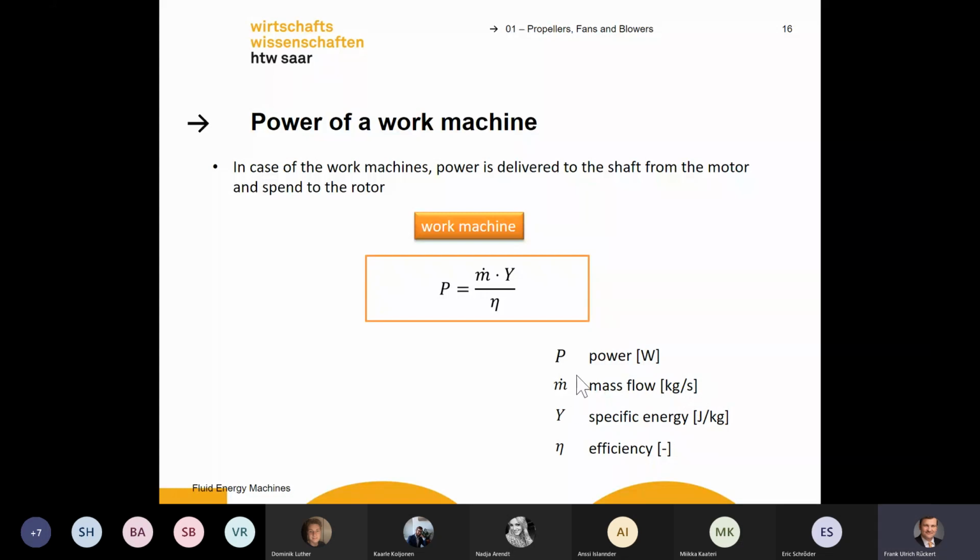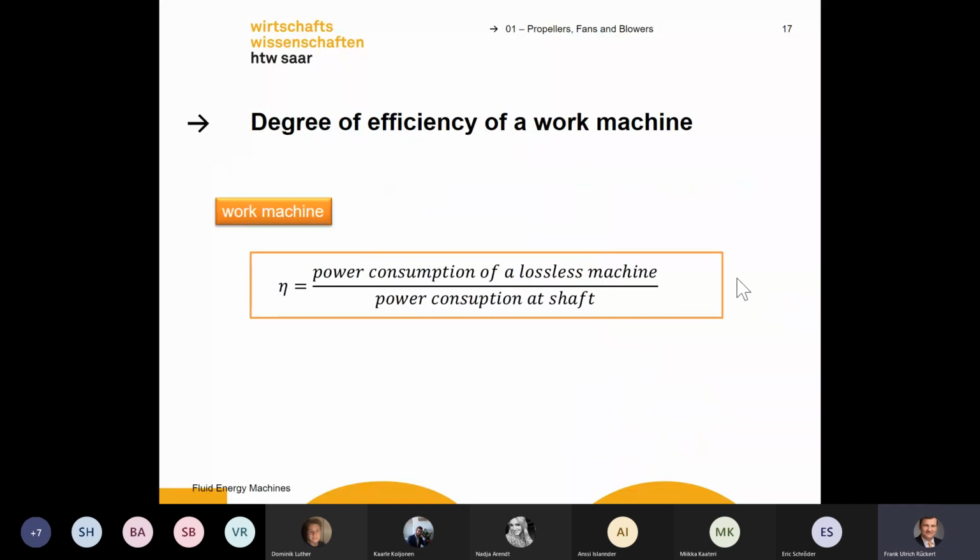If you have, for example, mass flow, you divide kilograms by time. It's a derivative of the mass. Or you can, for example, have volume flow. You mark it with a small dot here. If you add the word flow, it means that you divide your volume by time. Okay, no problem. We will come to this point later.